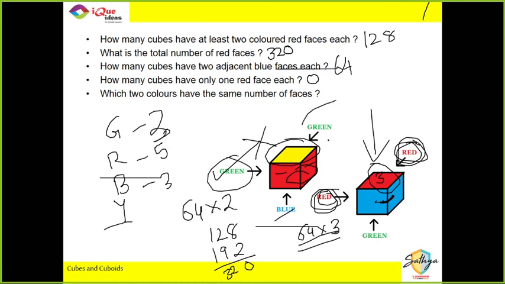Green has 1, 2, and 3. So green has 3. Blue also has 3. So green and blue have the same number of faces. Got that, guys?